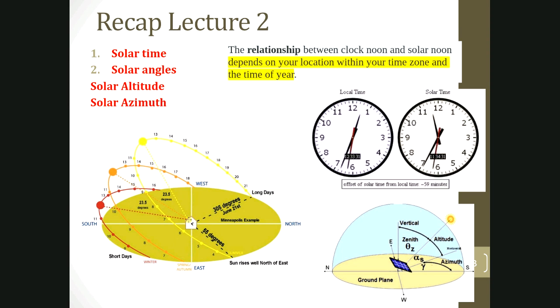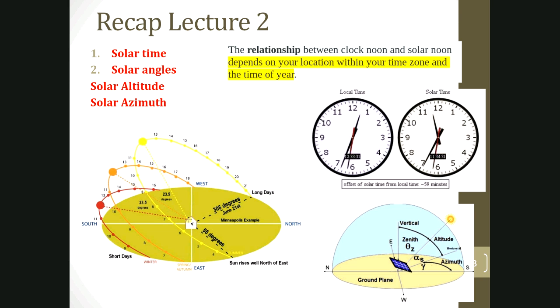It is important for us to know the solar time because it will define exactly the time, or the angular motion, of the sun in the sky. This difference depends on two main points. The first one is the length of the day, which we call time correction, and the other one is your zone, which we call longitude correction.